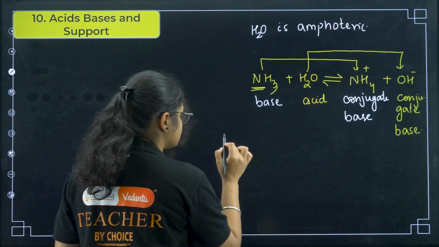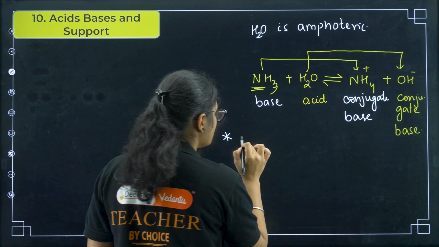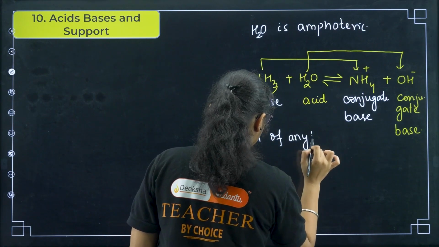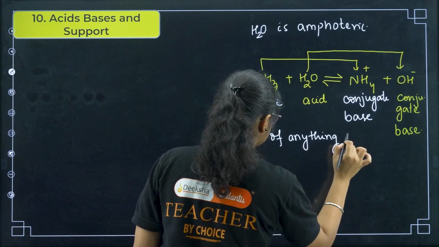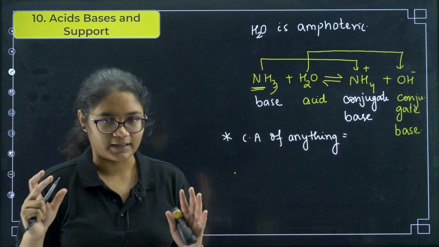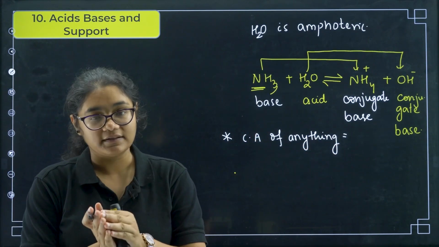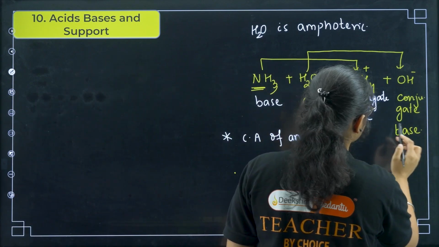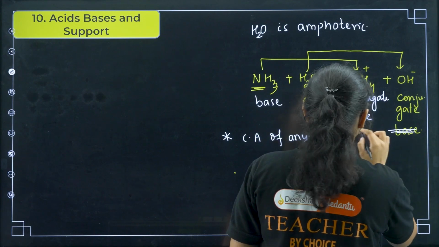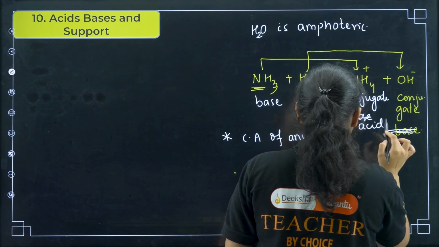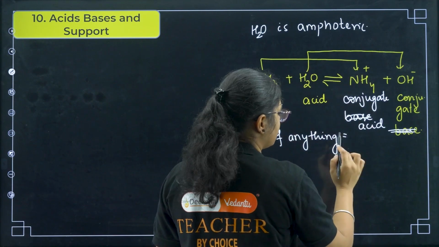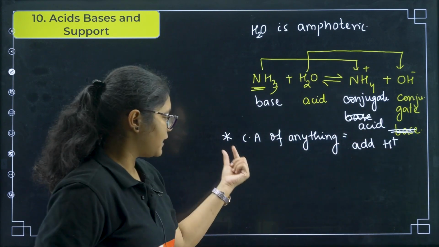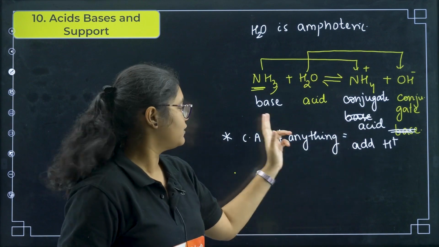Now if you have to find the conjugate acid of anything, you have to add H plus. Remember this one. If you want to find the conjugate acid of anything, you have to add H plus.